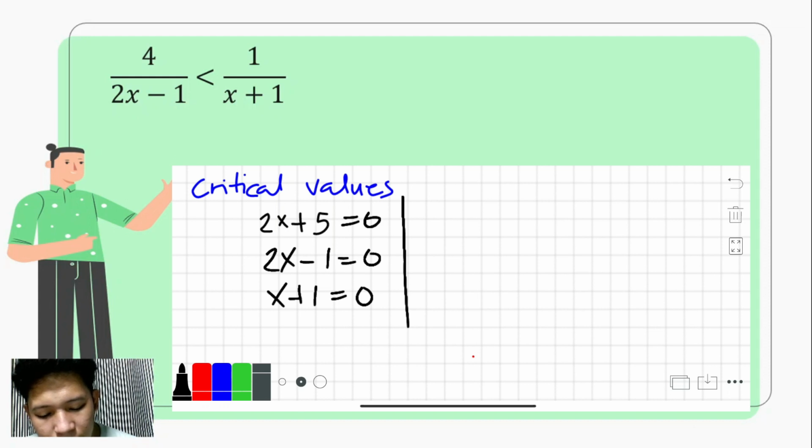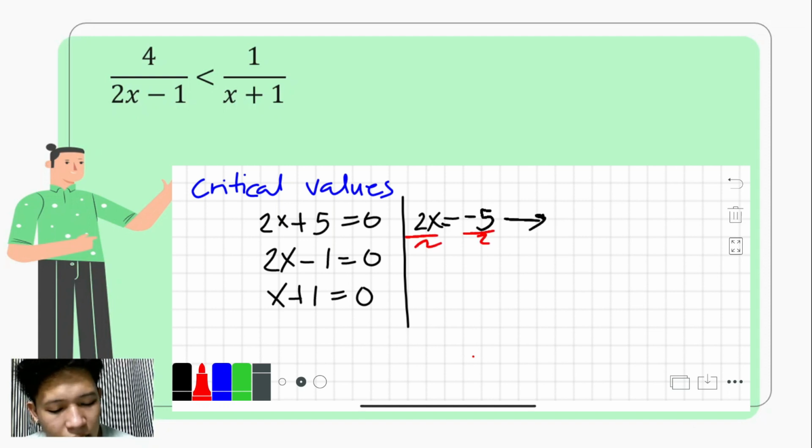So this will lead to 2x plus 5 equals 0, or 2x equals negative 5. And then kapag sinimplify natin to, we divide both sides by 2 para makuha yung x. Then the first critical value would be negative 5 over 2.